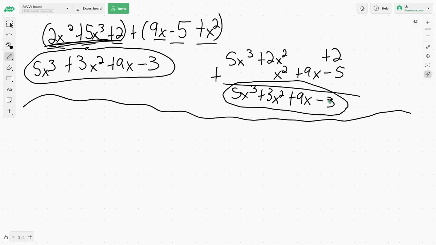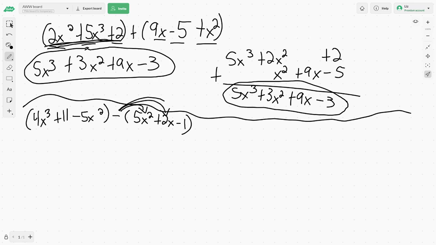Now let's look at subtracting. All right, the big thing with subtracting is that you need to distribute that negative across.